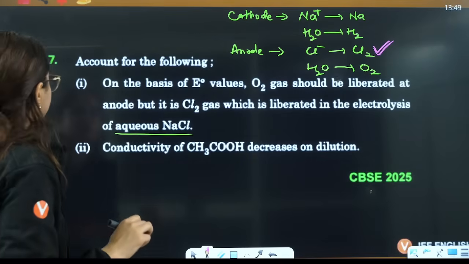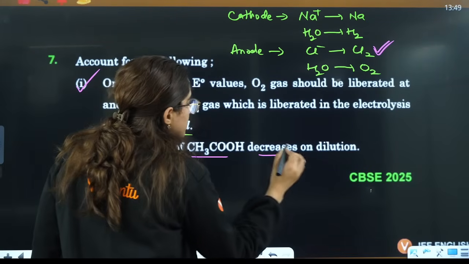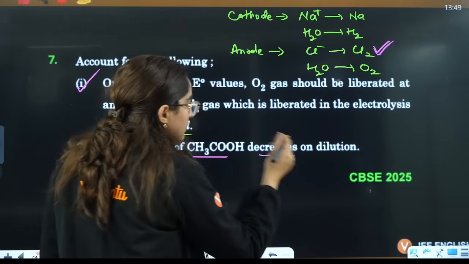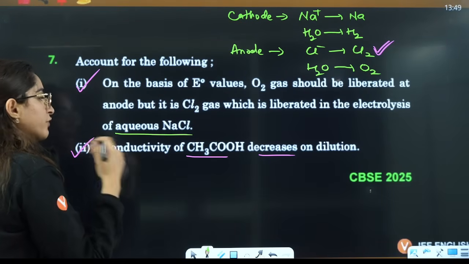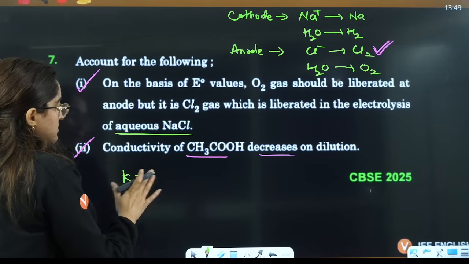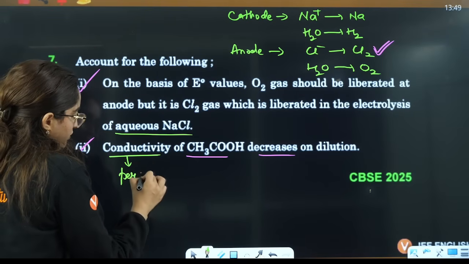Okay. Next is, conductivity decreases on dilution. Why does kappa decrease on dilution? See, for a weak electrolyte, kappa is per unit volume.